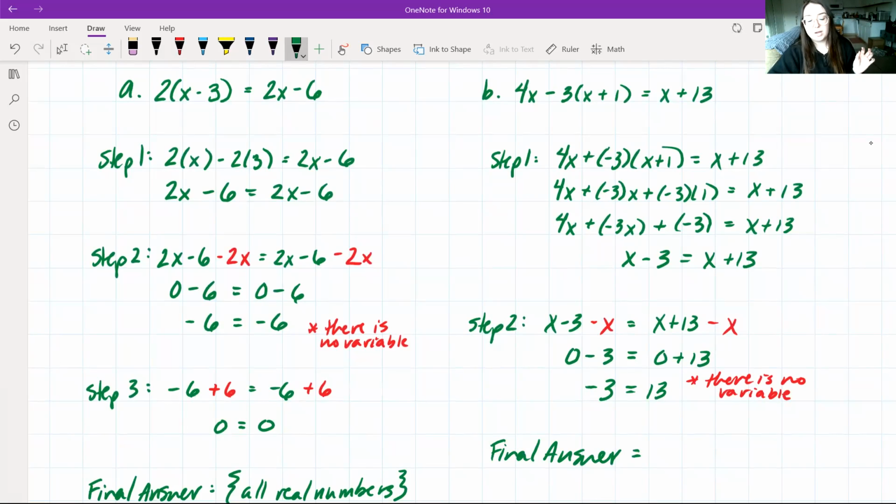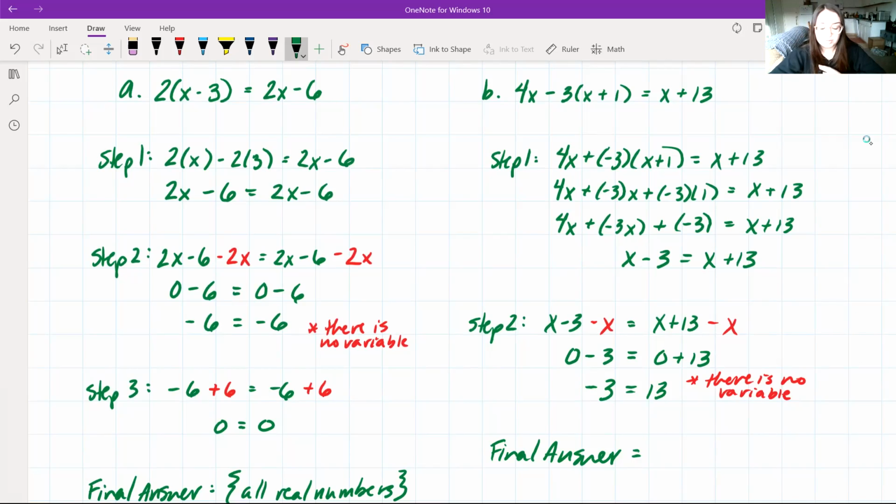So in our last problem, we had negative 6 is equal to negative 6, or 0 is equal to 0. In this case, we have negative 3 is equal to 13. So we have differing numbers on either side of our equality symbol with no variable. And this tells us that no matter any number we plug in for x, this equality statement will never be true.